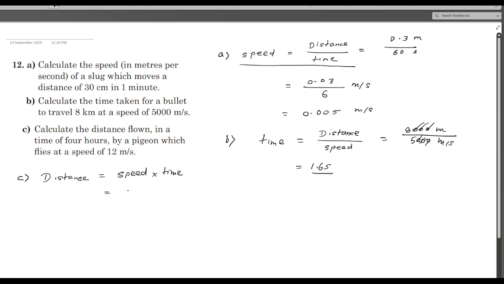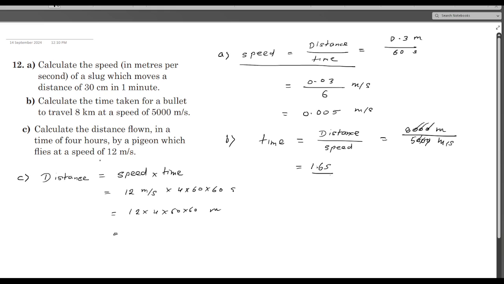So your speed is given 12 meter per second. So your time should also be in seconds. So that 4 hours, first I will convert it in minutes and then I convert it in seconds. So the result is 12 times 4 times 60 times 60, this much meter.